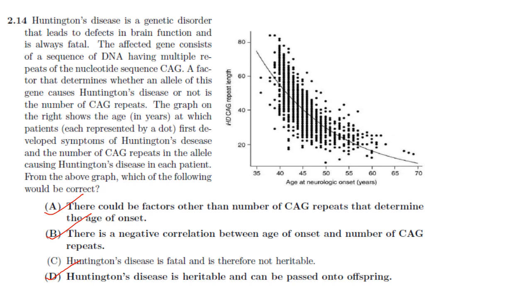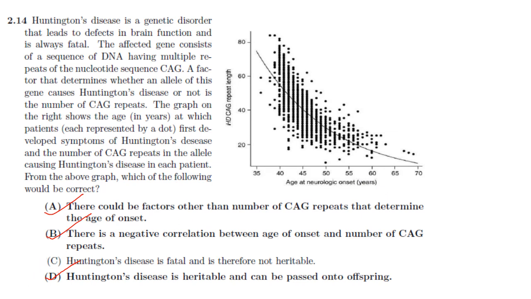So as the age is increasing, you can see from the graph that the number of CAG repeats are getting reduced. So that shows a negative correlation. That is, as one variable increases, the other variable decreases. So option B is correct.